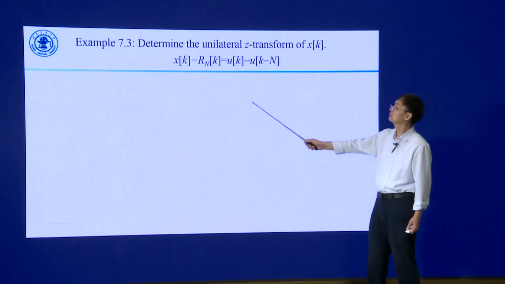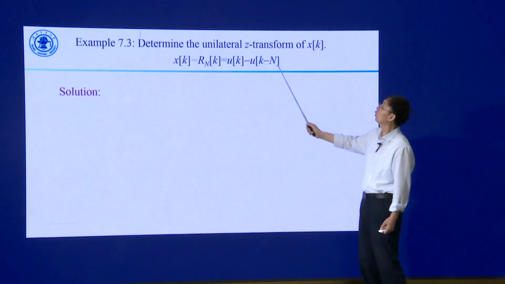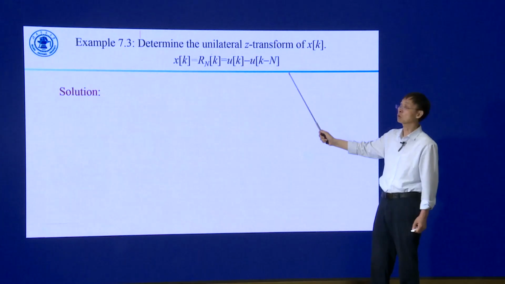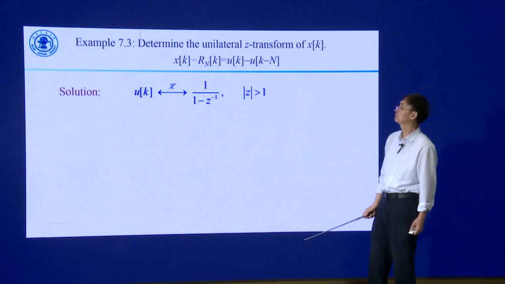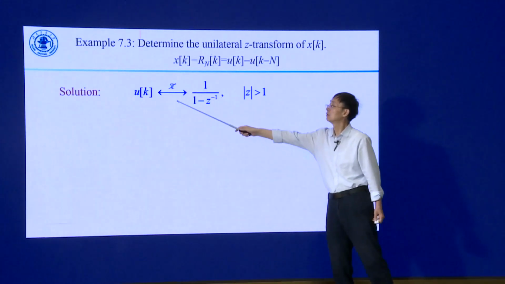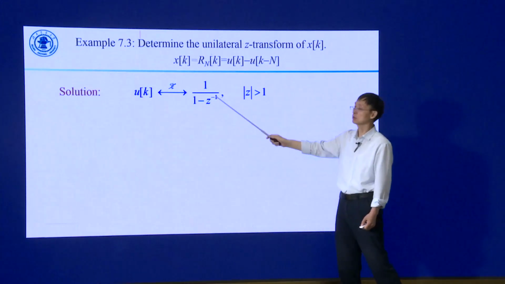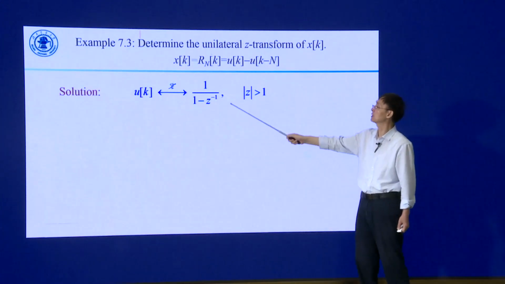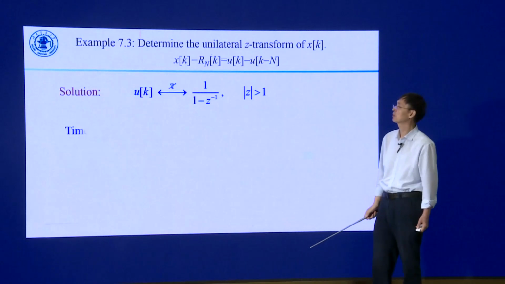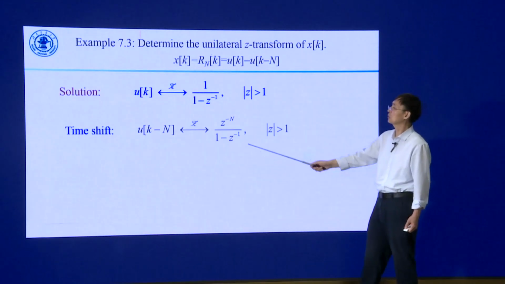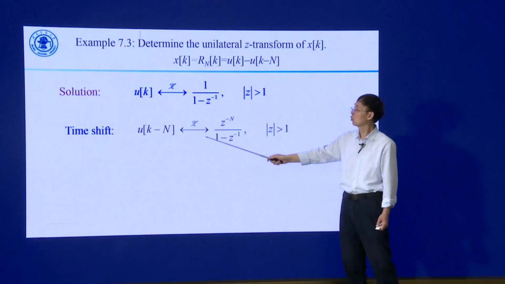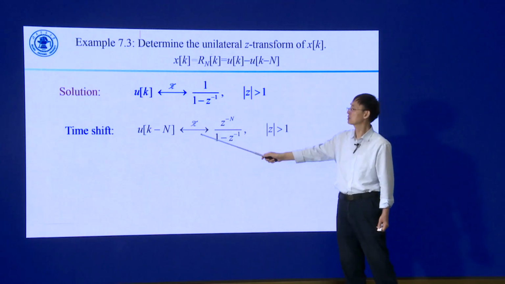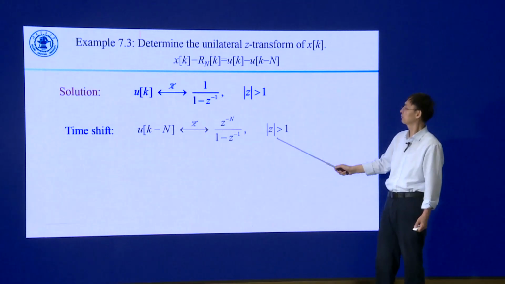For example, for this signal, we determine the unilateral Z-transform. We have now this signal. Its unilateral Z-transform is this fraction. According to the time shift property, we can get this signal's Z-transform.